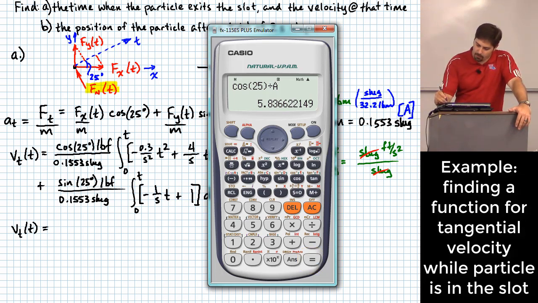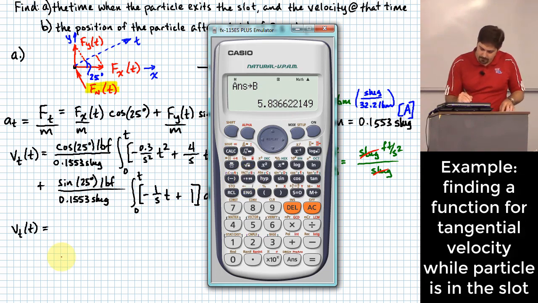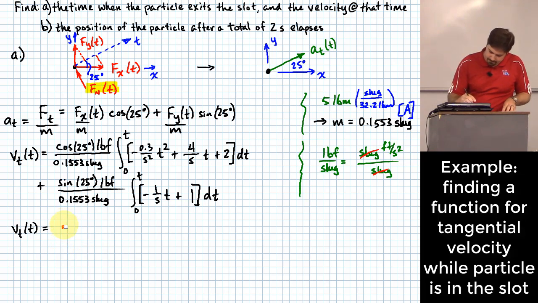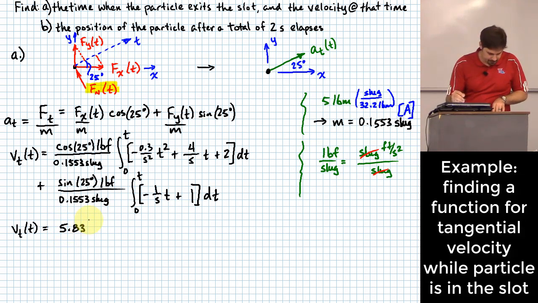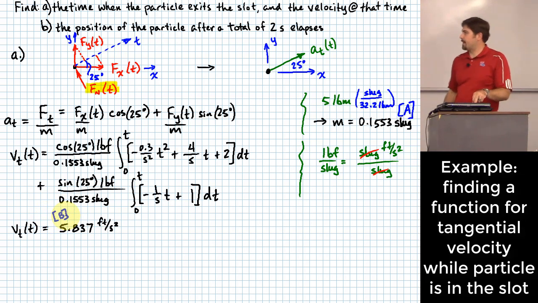So 5.8366. Let me store that into variable b. Okay, 5.836, in foot per second squared, and I'll make a note that that is in constant b that I have in the calculator.